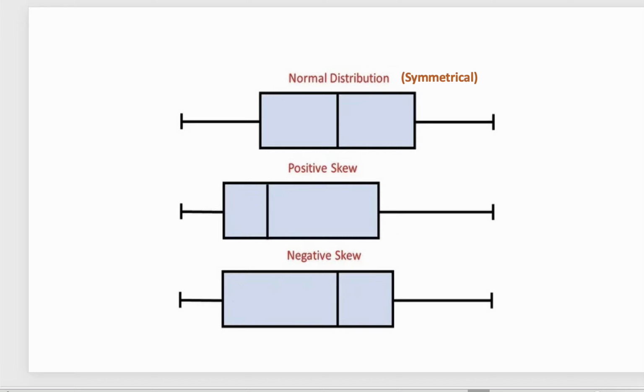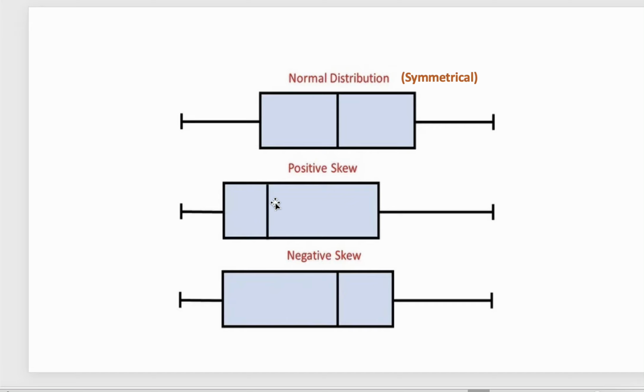Can you see skewness in a box plot? Yes, you can. A symmetrical box plot, the bar will be right in the middle. The median will be right in the middle. A positive or right skewed, the bar will be over here. A lot of the data will be on this side.